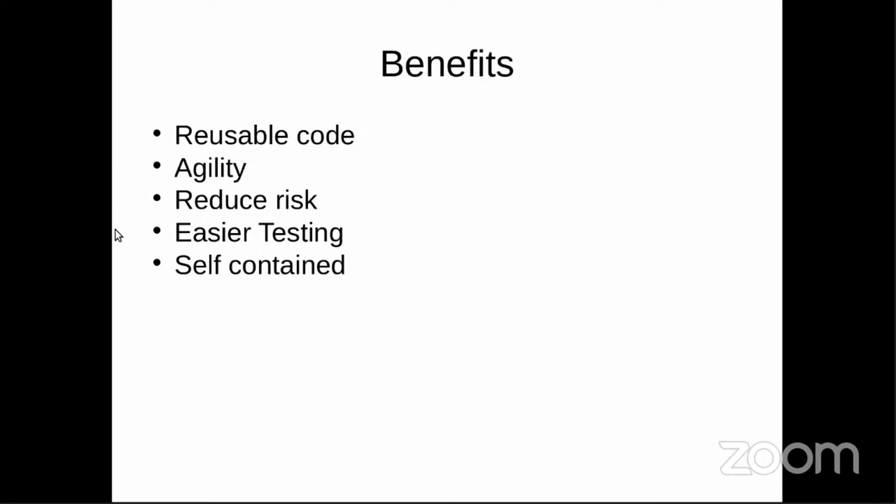And easier testing, which I was saying. Every front-end app would have its own business functionalities, and the testing team can easily know what functionalities the front-end app is going to deliver. If there is any change, they can draft the test cases easily, and the testing would be very easy. The last one is self-contained, which I was saying.